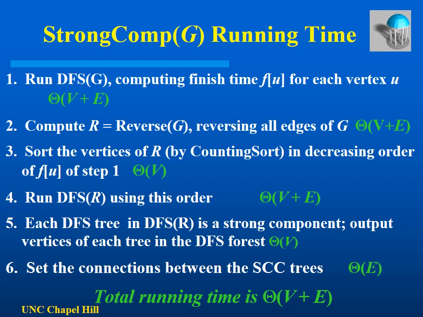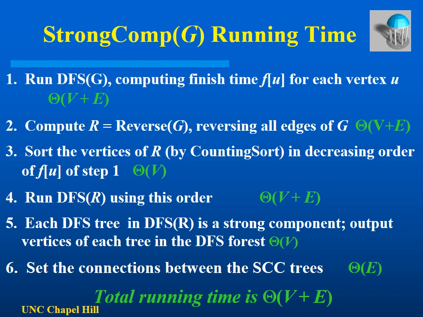We can do that by visiting each vertex and for each outgoing node, reverse it to an incoming node. We will then have visited all the vertices and all the edges once. And so that takes time theta of V plus E.